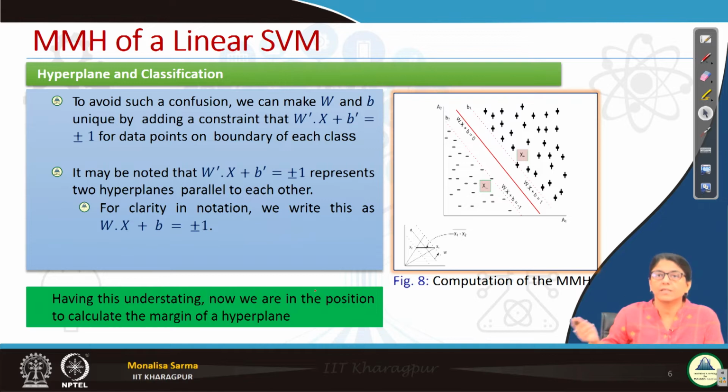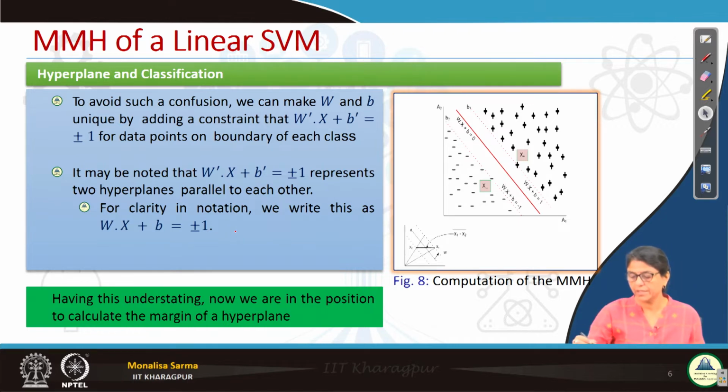Now, this leads to a confusion. To avoid this confusion, we can make W and b unique by adding a constraint, so that this unnecessary confusion will not be there. Basically, in other words, this is the hyperplane, and we draw two parallel lines, which we already have seen in our last lecture, isn't it? This also helps us to avoid the confusion of an infinite number of hyperplanes.